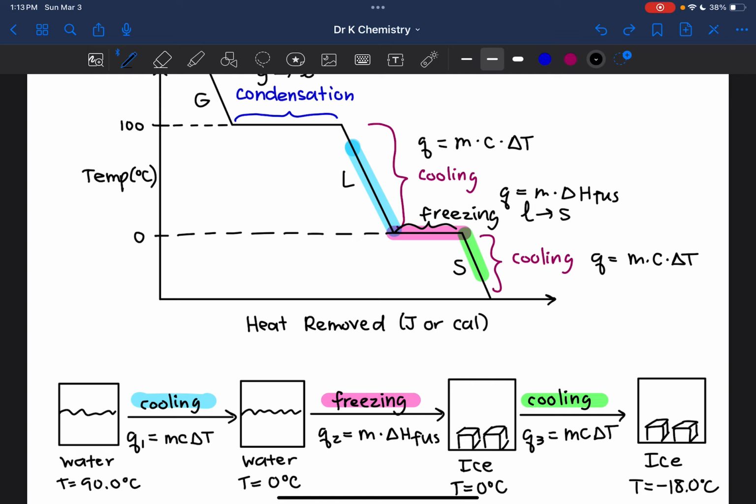So there are a couple of different ways that we can handle that. We can either use negative values for everything and just express it negatively, or we could calculate everything as positive values just like we do in the heating curves, but then at the very end we can say that energy is being released, which implies that that is negative. So I'm going to do both.